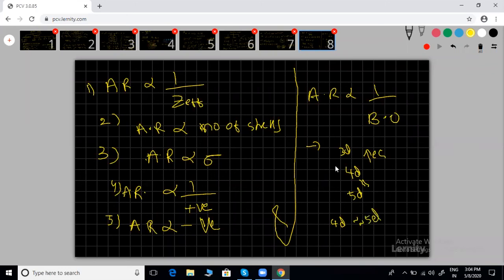Due to lanthanide contraction. So this is the case for titanium, zirconium, hafnium, the third, fourth and fifth periods. Zirconium is bigger because size increases, but these two are almost the same due to lanthanide contraction. Clear?